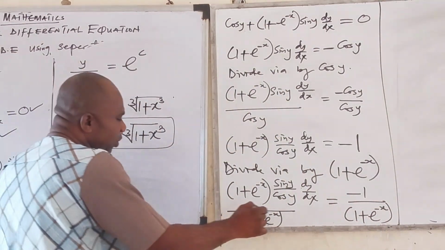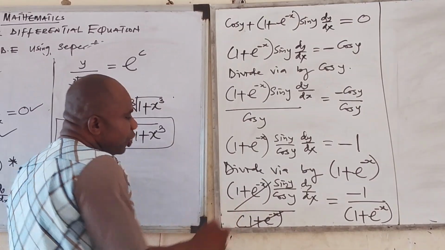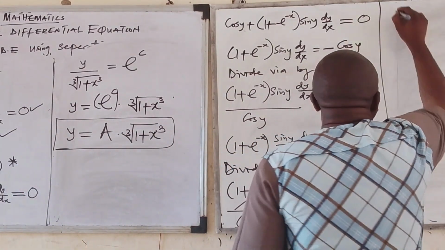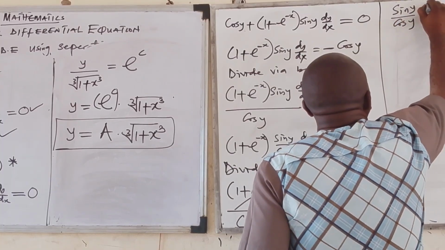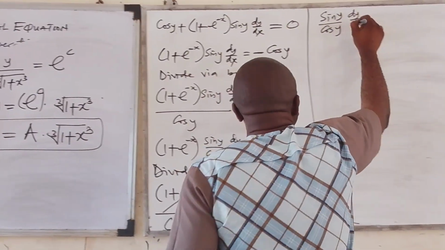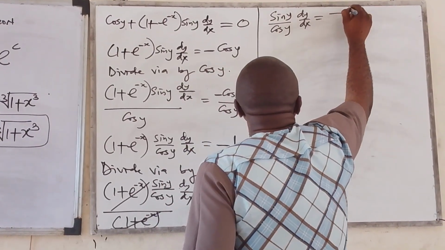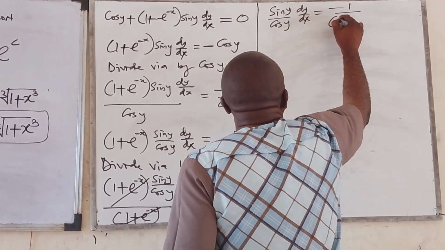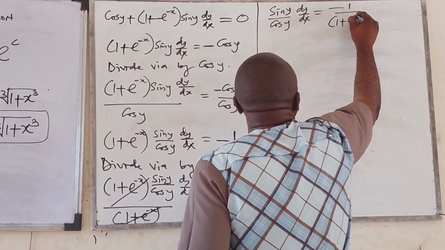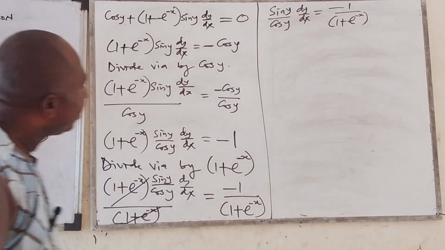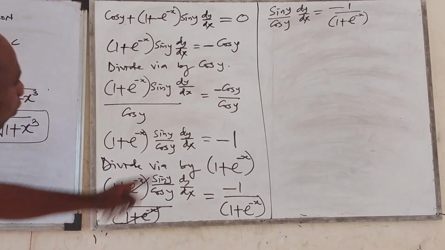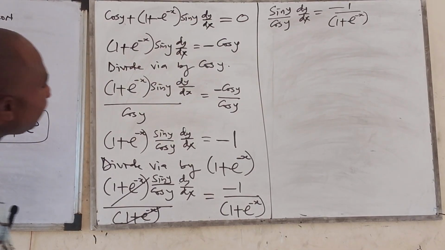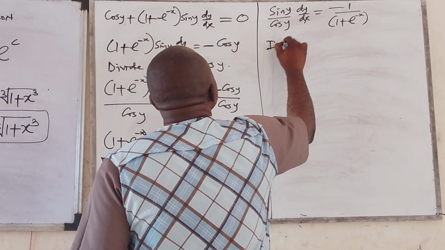So now this 1 plus e power minus x will go with this. At the left hand side, we have sine y all over cos y, dy all over dx will be equal to minus 1 all over 1 plus e raised to the power of minus x. Now we have separated the variables: x, the independent variable, at the right hand side, and y, the dependent variable, at the left hand side.